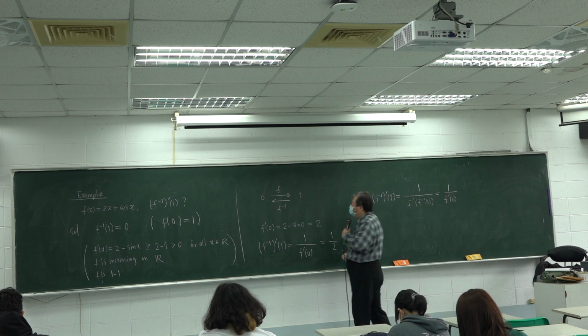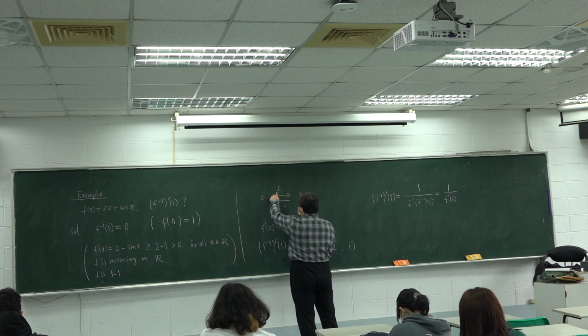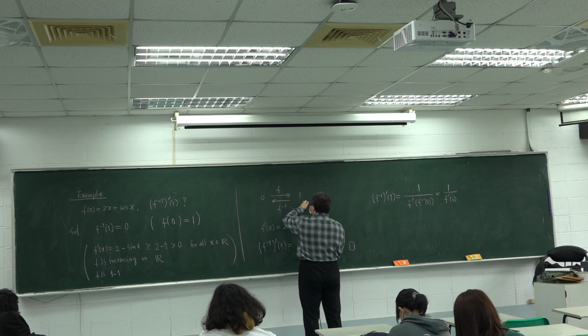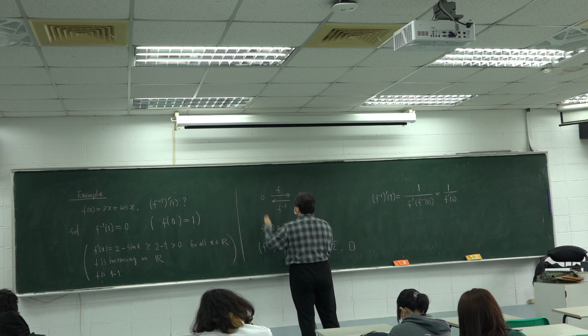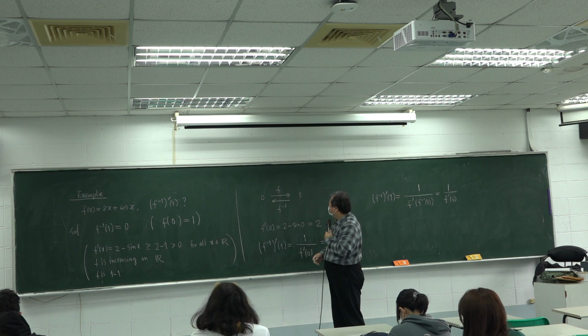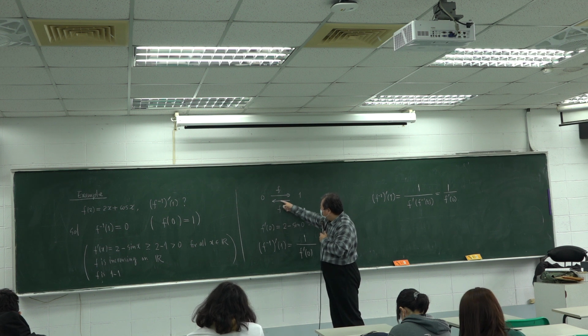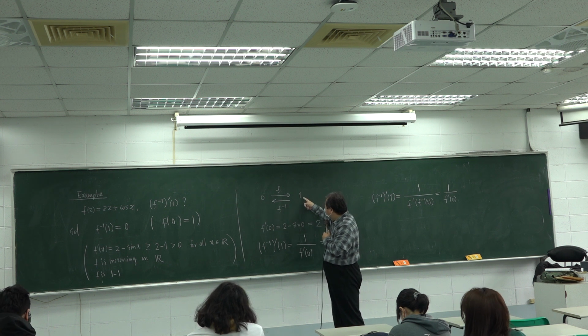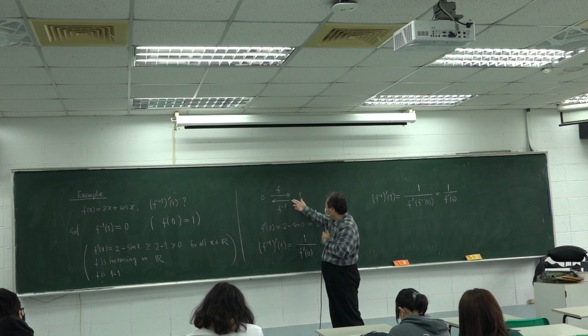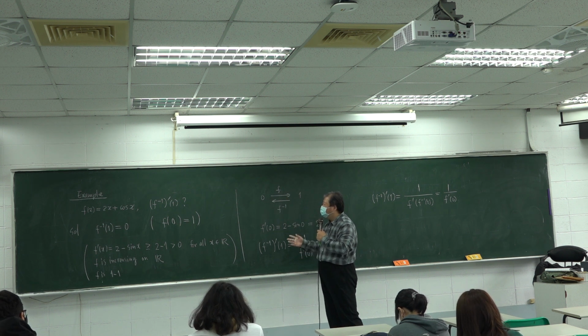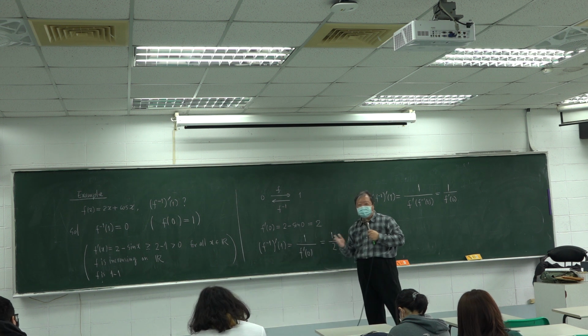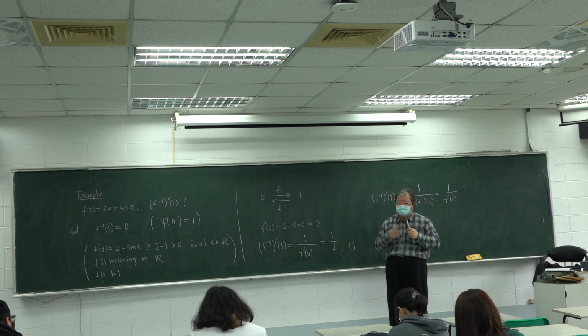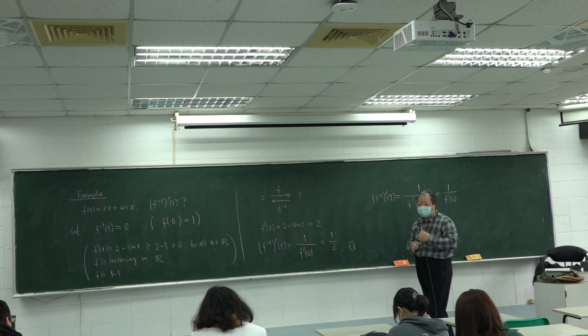Anyway, if the function f maps 0 to the number 1, the f inverse maps 1 back to 0. So in order to find the rate of change of this function at 1, we need to find the rate of change of f at 0, because these two rates of change are reciprocal to each other.